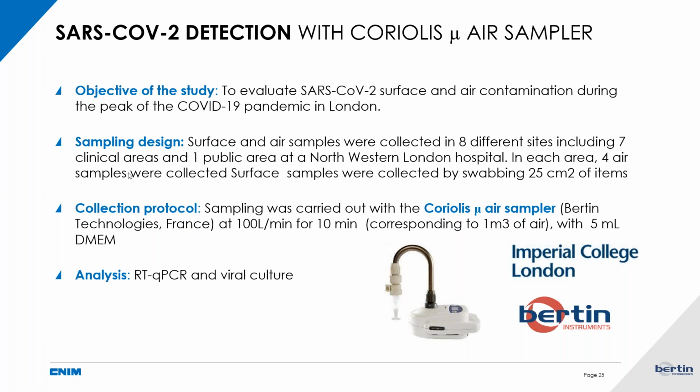As for the collection protocol, this is really interesting: the sampling was performed using 5 milliliters of DMM, running the device at 100 liters per minute flow rate for 10 minutes. And from that, a small volume of the DMM was used for the RNA extraction and later the RT-qPCR.